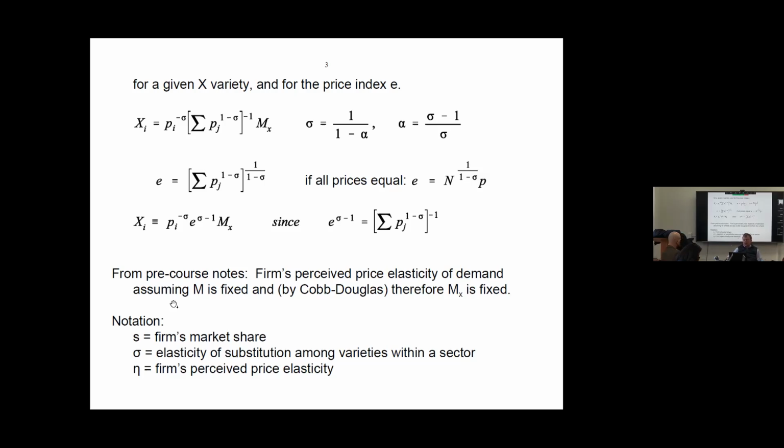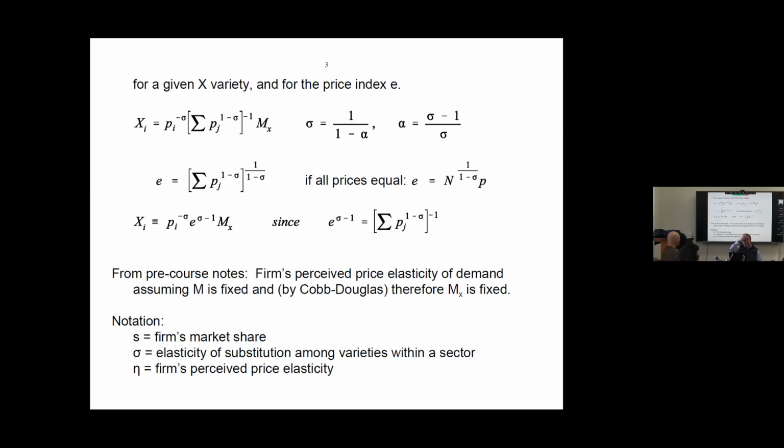So you could write that on the right-hand side as E equals n to the 1 over 1 minus sigma times P. So the price index, the cost of buying a unit of this utility composite, is falling with the number of varieties. Okay. You don't need as much physical stuff to give you the same utility. So an apple and an orange give you more utility than 2 apples or 2 oranges. Okay. This is why this is often referred to as love of variety, because there are other kinds of product differentiation.